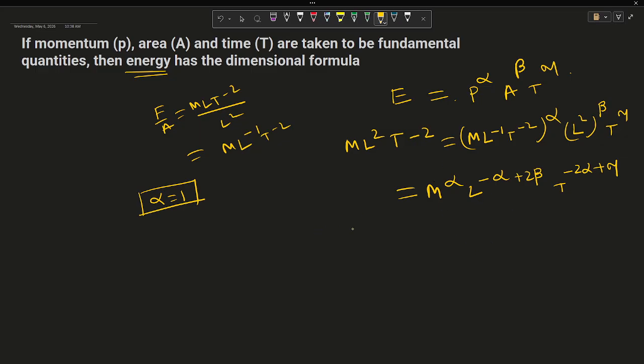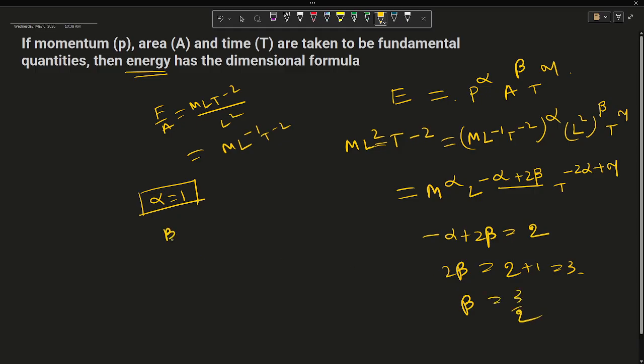Then alpha plus beta equals 2, with alpha as minus 1, so 2 beta equals 2 plus 1, that means 3, then beta will be 3 by 2.